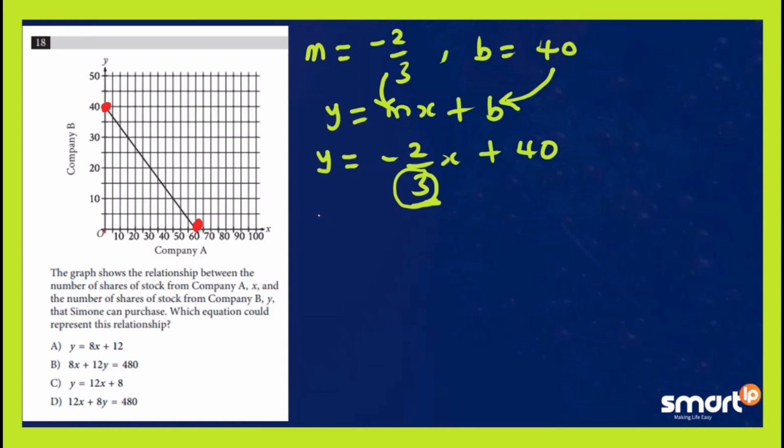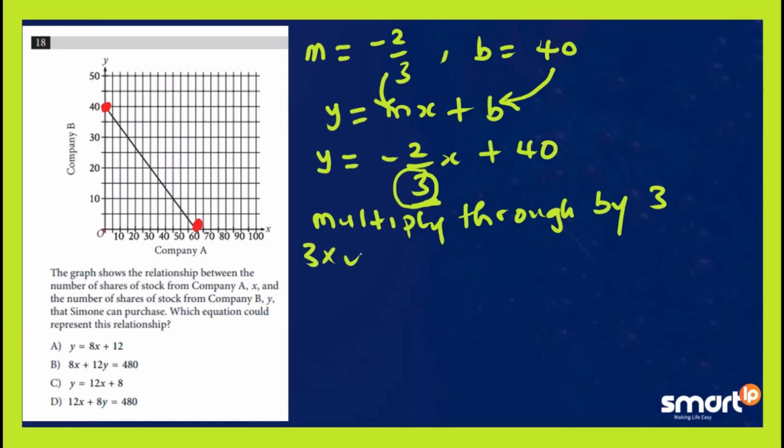So you're going to say multiply through by 3. And so you're going to have 3 times y equals 3 times minus 2 over 3x plus 3 times 40. And so this will give us 3y equals, so 3, we cancel 3.